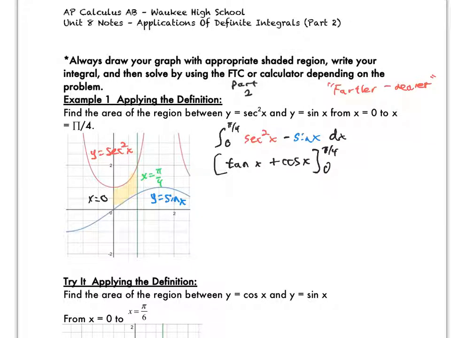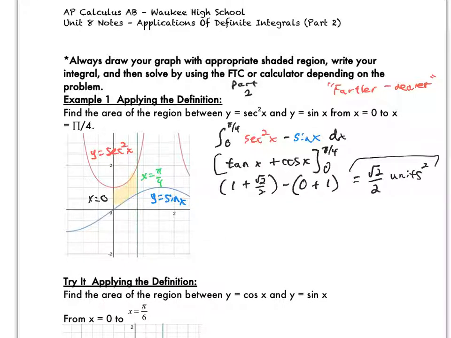I'll make sure we get it right here. All right, so if I sub in pi over 4, tangent of pi over 4 is 1, cosine of pi over 4 is root 2 over 2, of course. And then I'm going to have to subtract off for subbing in 0, and the cosine of 0 is, of course, 1. So when all of this washes out, you're going to end up with root 2 over 2 square units of area in there.